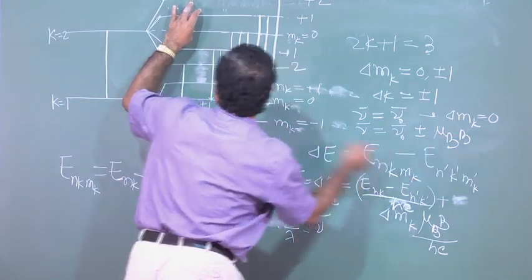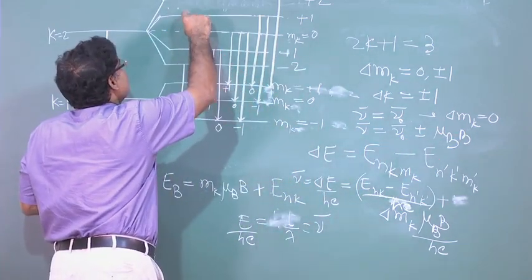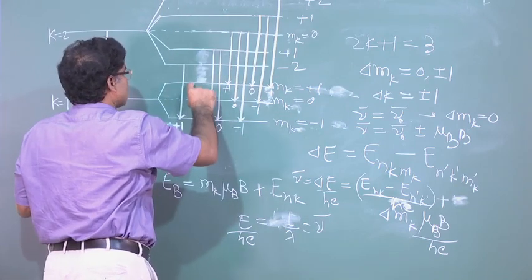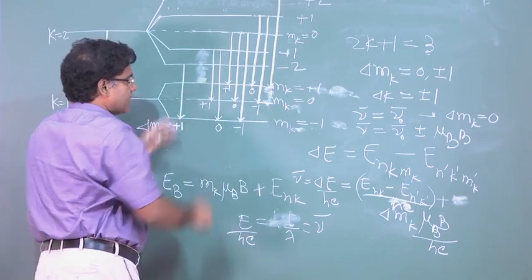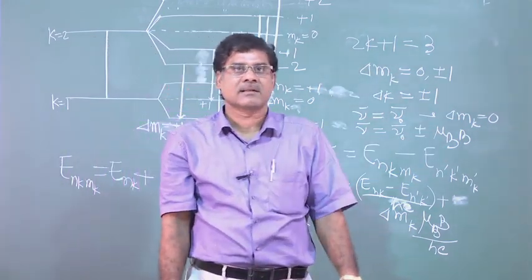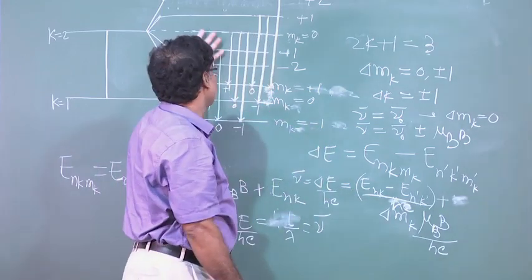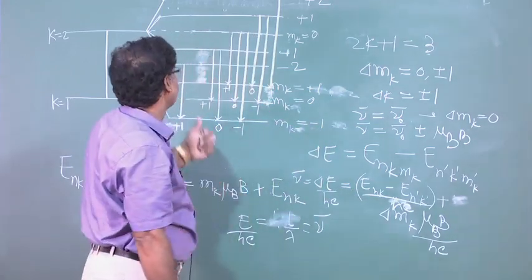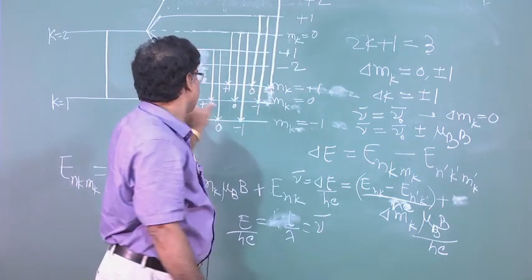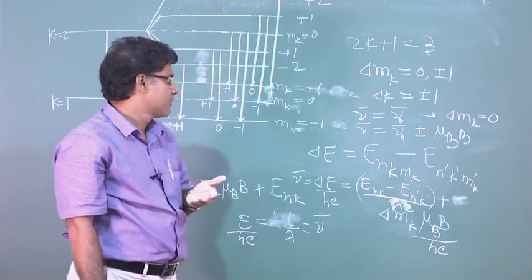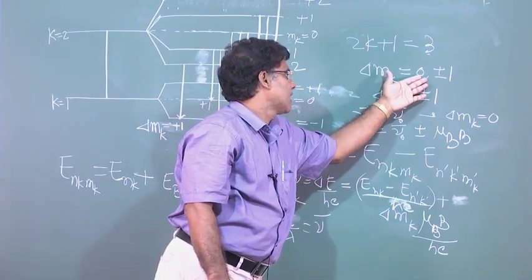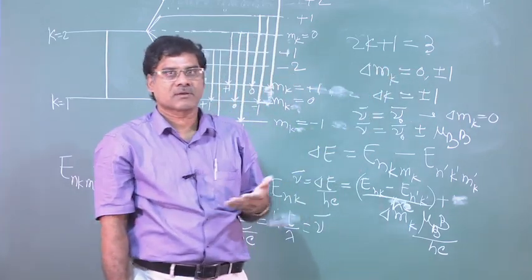The splitting is in terms of mu b B: this is 2 mu b B, 1 mu b B, here also 1 mu b B, okay. So, the energy of all 9 lines is not the same; we get only 3 groups of lines. So, 3 lines have the same energy, corresponding to delta m k equal to 0, plus 1 and minus 1.